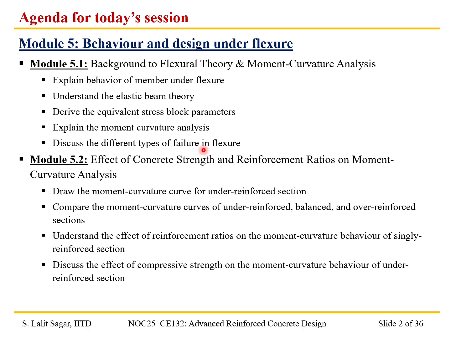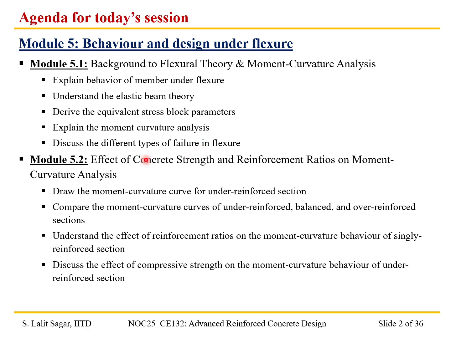That is the under-reinforced cross section, or the balanced cross section or the over-reinforced cross section, and what are the different types of failures that can be expected from these different types of cross section depending on the percentage of reinforcing steel that is being provided.